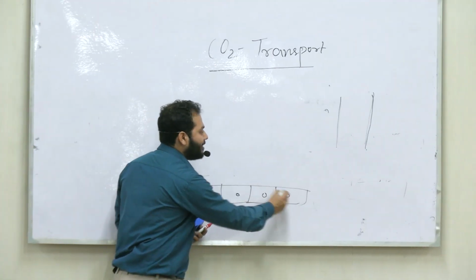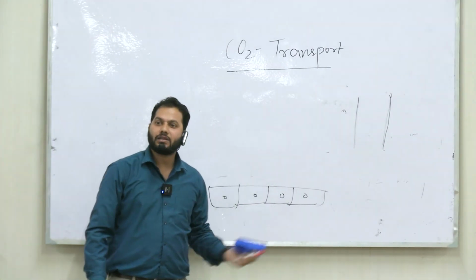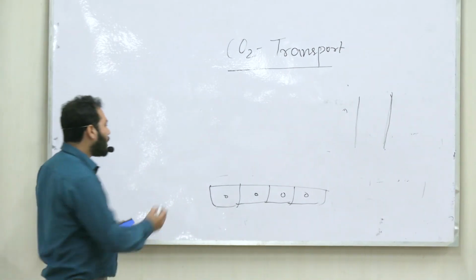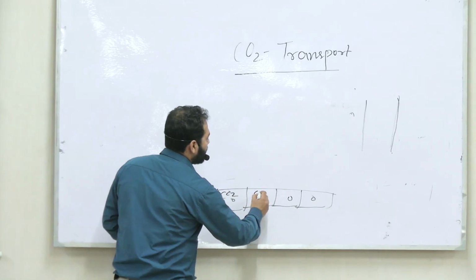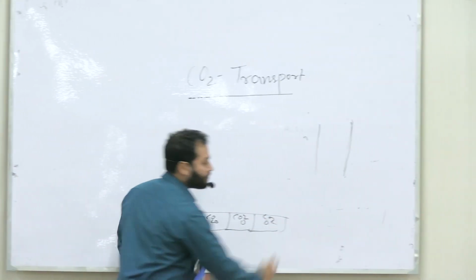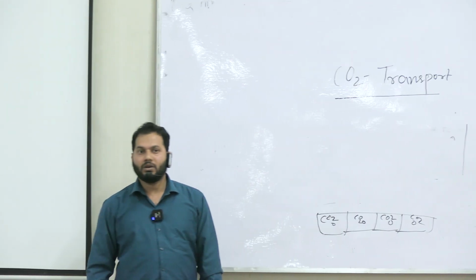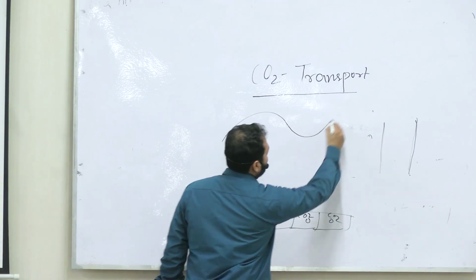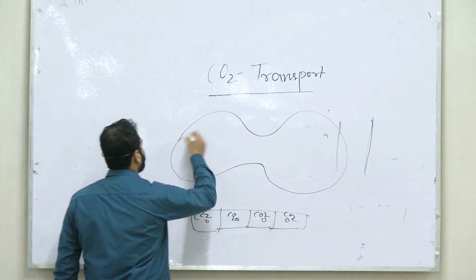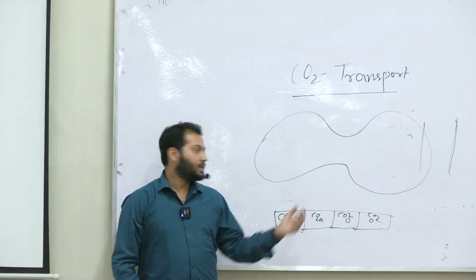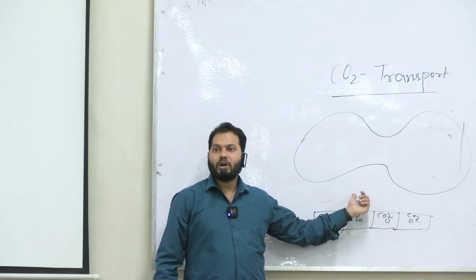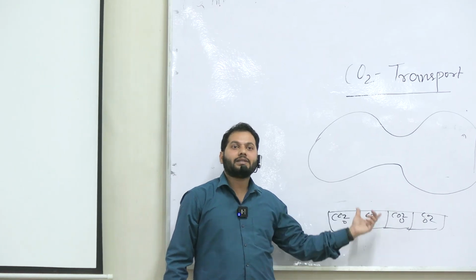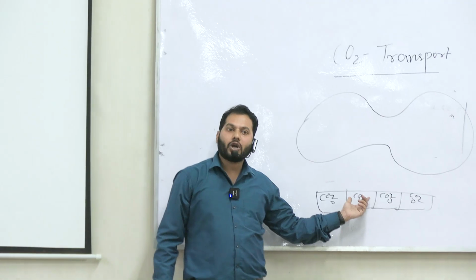Due to metabolic activities in those cells, they continuously produce more and more carbon dioxide, right? Now, suppose this is interstitial fluid, and these are the cells which produce the carbon dioxide.